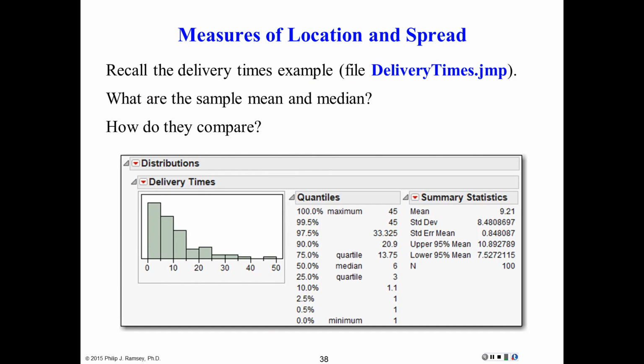This is that delivery times data we introduced in the histograms video, our first one. And notice the average time to ship a product is 9.21 days, but the median is only 6 days. Interesting, isn't it? So what this is saying is 50% of the orders are shipped within 6 days, 50% are shipped later.